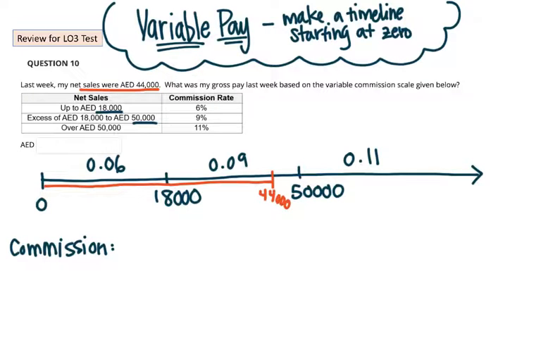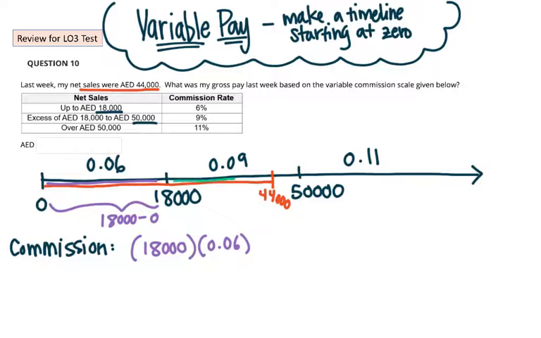Okay, now I'll look in each section. So in this first section, how much money is in there? You subtract the endpoints, 18,000 minus 0. So we'll have 18,000 in the first section times 6%. Now we look in the second section and we have 44,000 minus 18,000, which is 26,000 in that section.